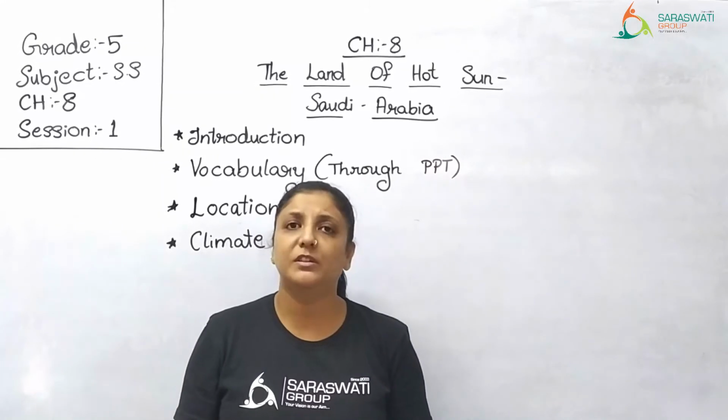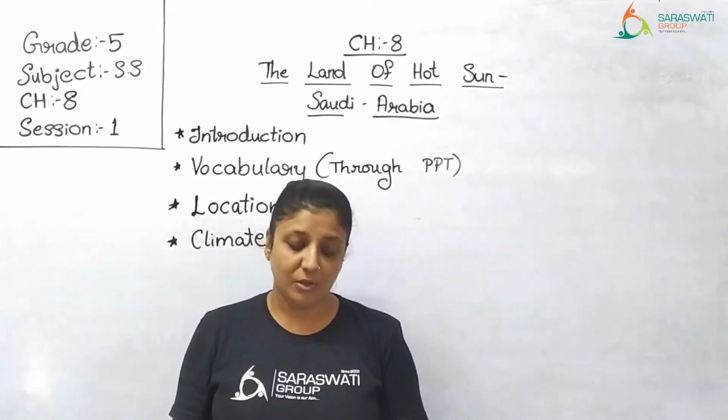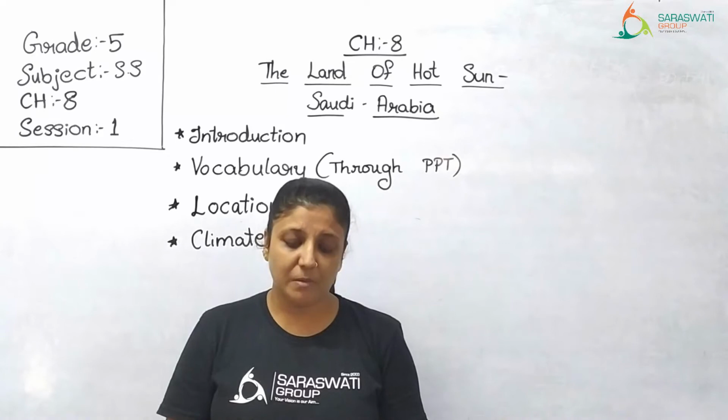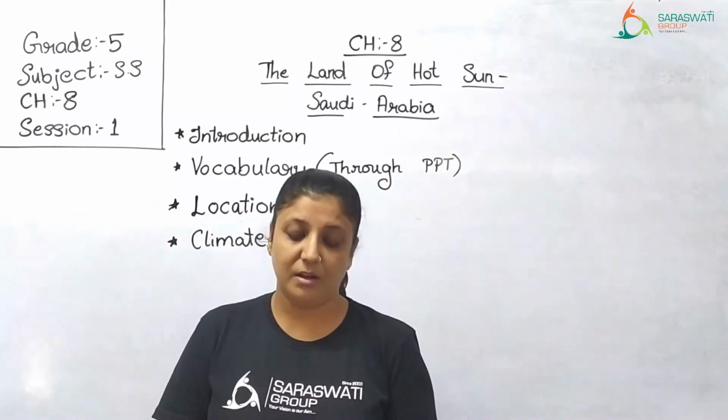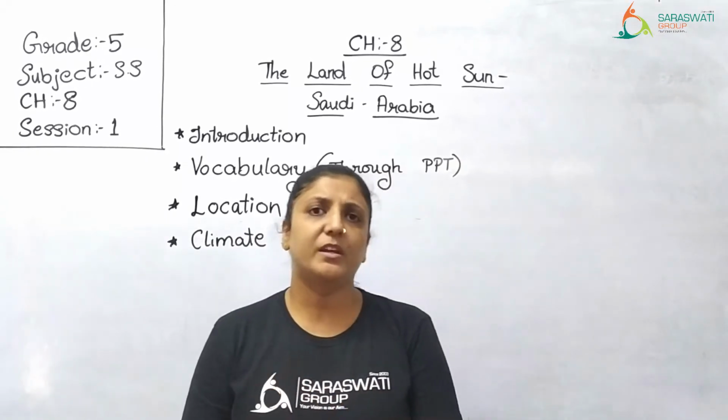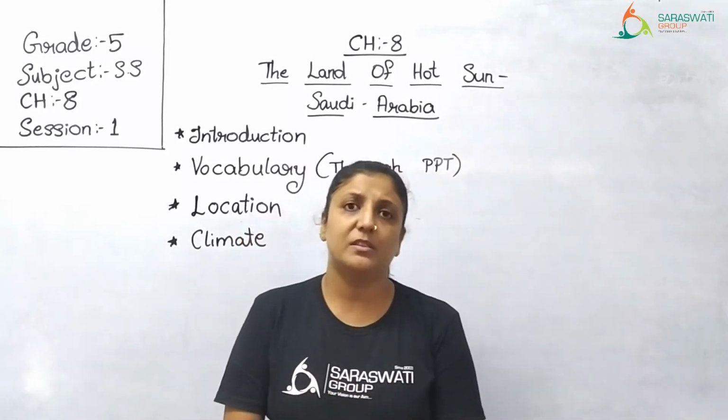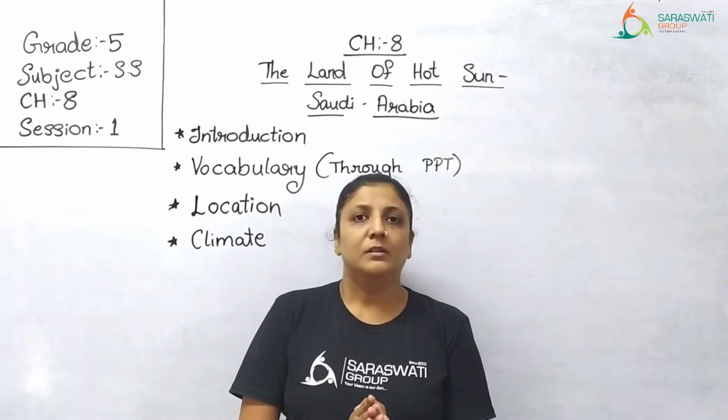So these are all the desert areas in the world. In this chapter, we will read about Saudi Arabia, which is located in the Arabian desert. So, Saudi Arabia is a part of the Arabian desert. Right?